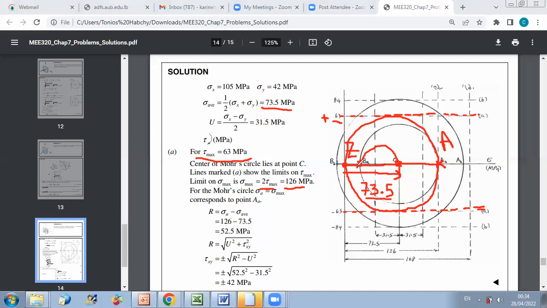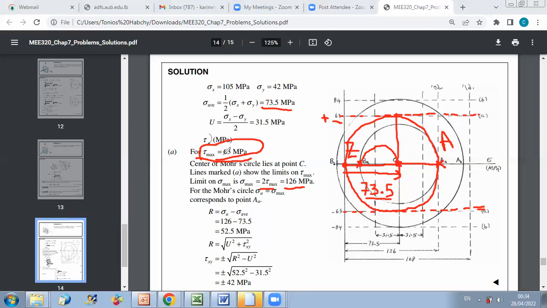We have seen that when sigma B and sigma A are both positive, the maximum radius corresponds to circle AZ. And because AZ corresponds to the maximum shear stress, which is an out of plane shear stress, AZ should have the radius equal to tau max.